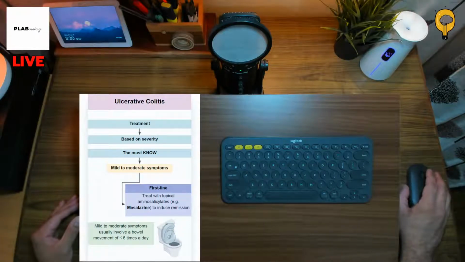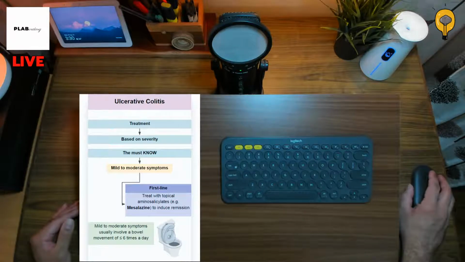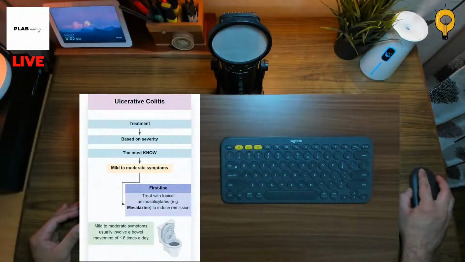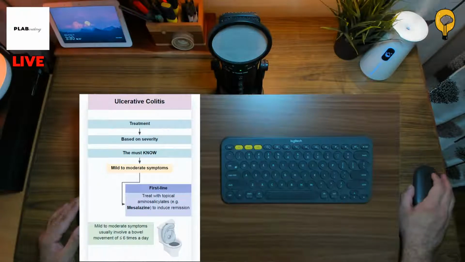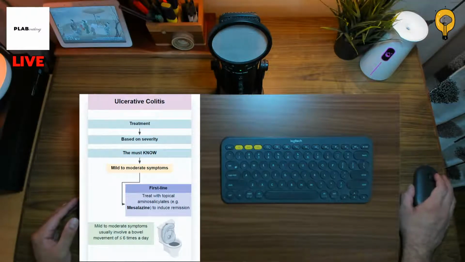Temperature 37.6, heart rate 90, hemoglobin 120, white cell count 13, platelets 350, CRP 30, amylase 30, bilirubin 59, ALT 189, ALP 409, albumin 39. So here we will study acute cholecystitis.